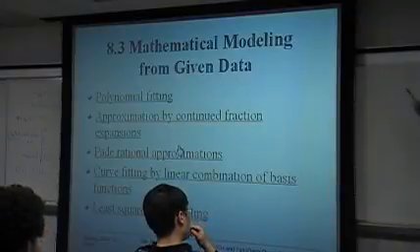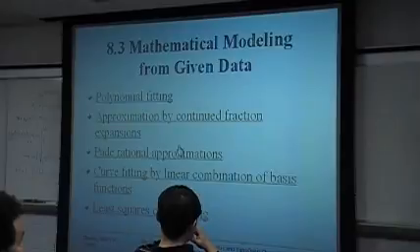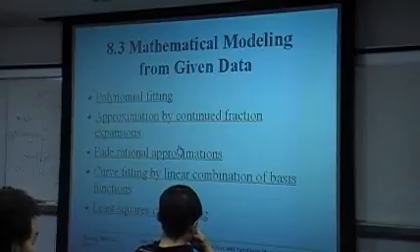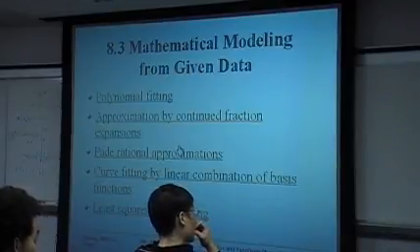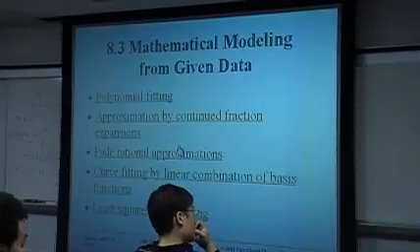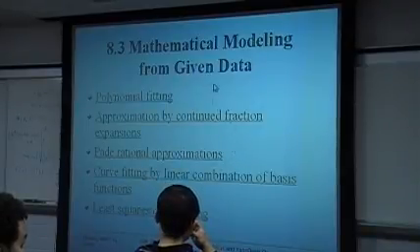So there are two problems presented here. One is how can we find the fitting function from the original data? The other topic is how can we find a similar approximate function for any given function? There are actually two topics I want to present in this section.